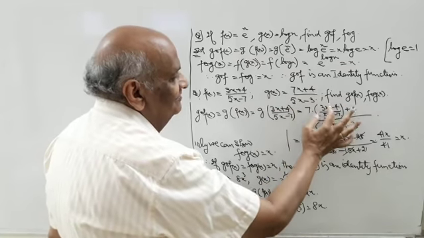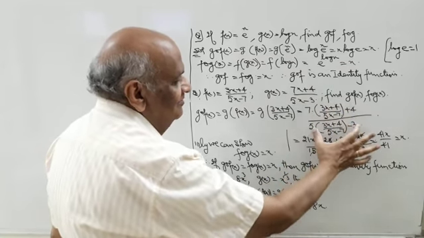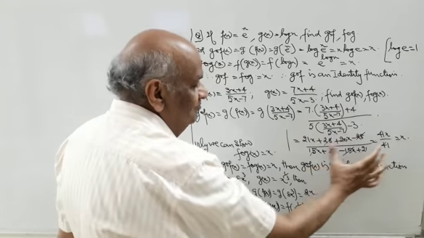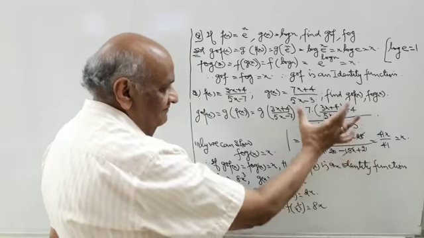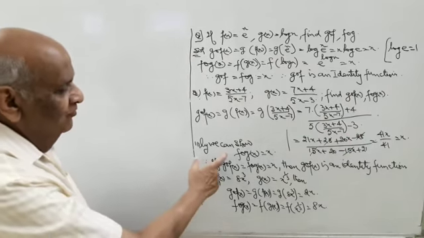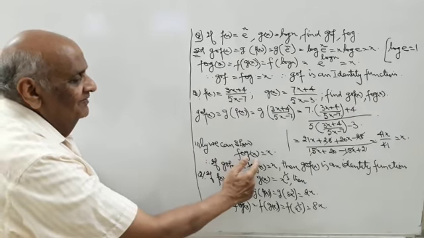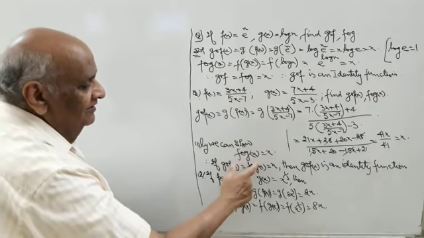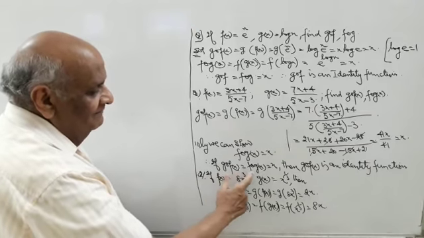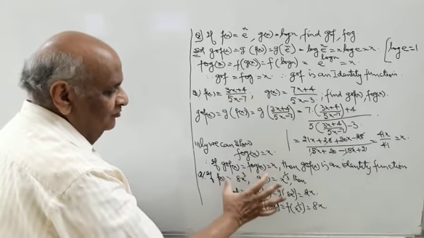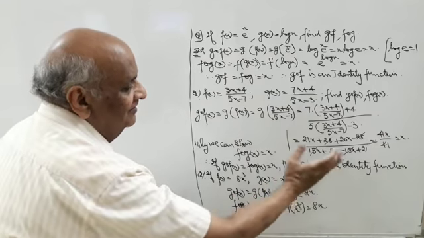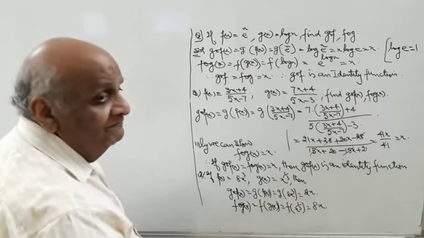Here it is 7 into this much. Simplify, take the LCM, it is just equal to x. You make the calculations yourself with the help of the notes I have given. Similarly, we can show f circle g(x) in the same way, it is equal to x. Therefore, g circle f(x) and f circle g(x) are both equal to x. Therefore, we say g circle f(x) is an identity function.